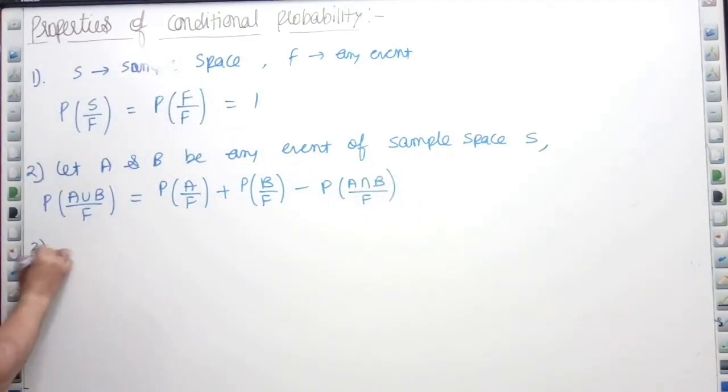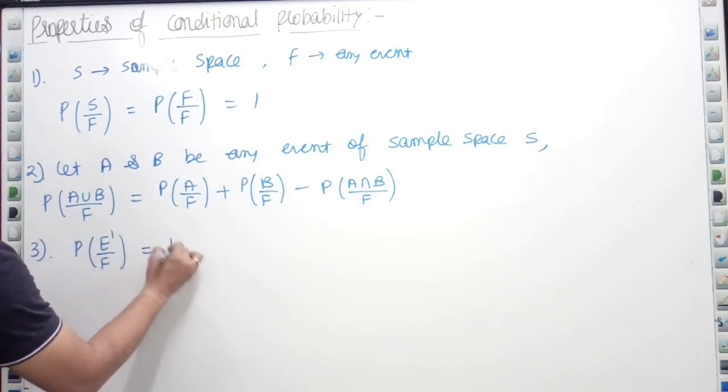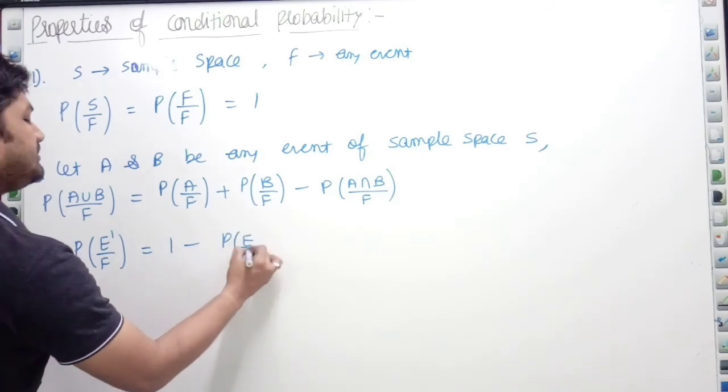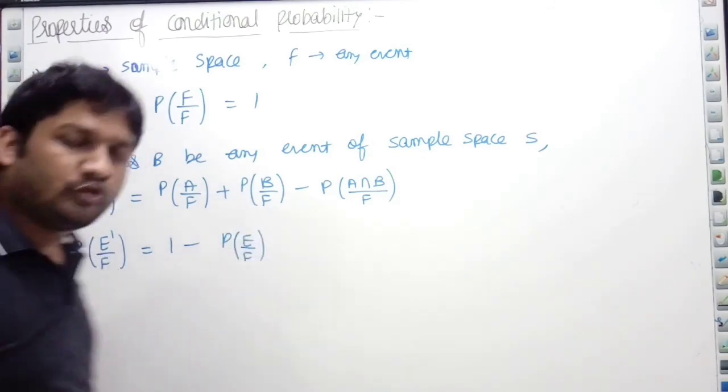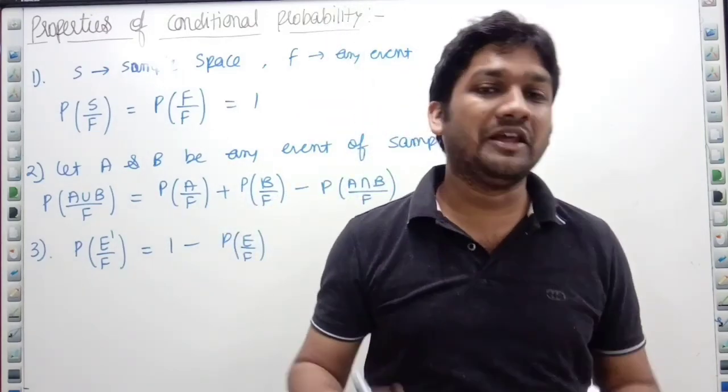And the third property is of complement, that is P(E dash upon F) is equal to 1 minus P(E by F). I hope by this video the conditional probability concept is clear.